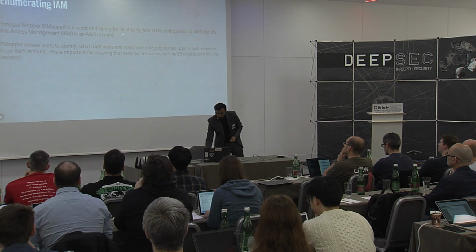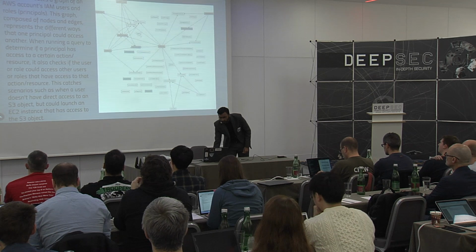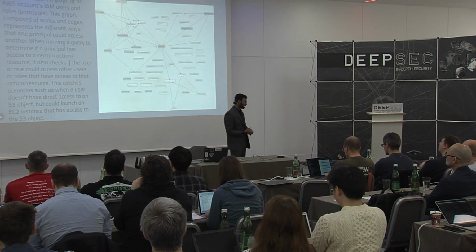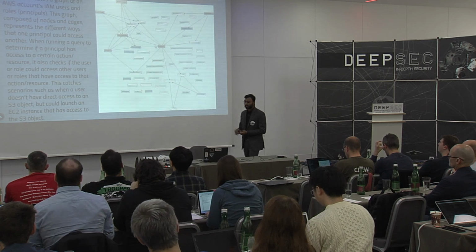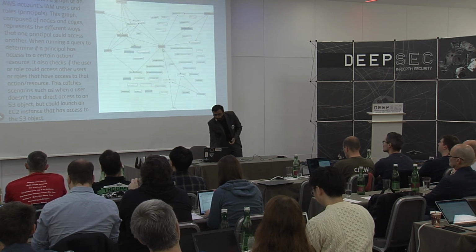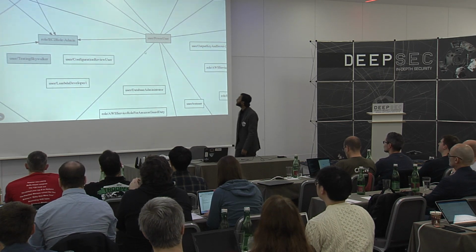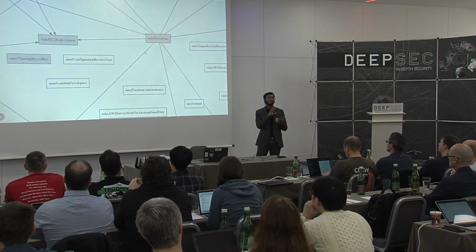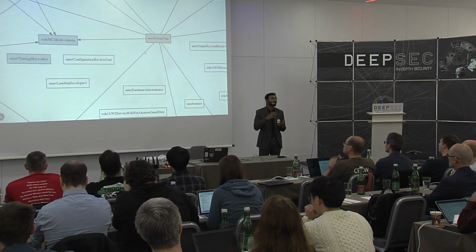So I'll talk about what exactly this is. Let's see. Once you execute Principal Mapper, you get a proper graph for your account. If you see here, you see all of the resources and actions compared to what all entities are accessing it.